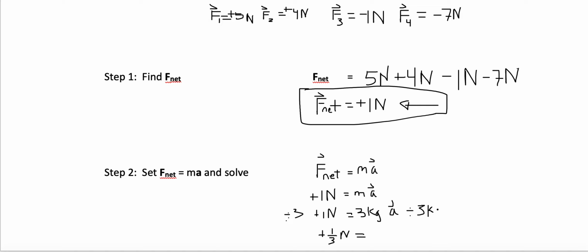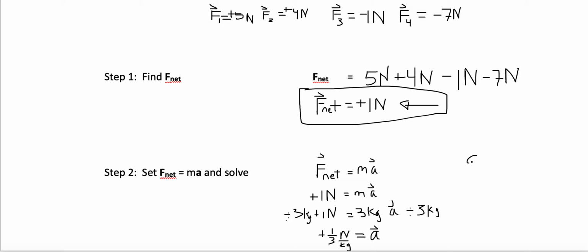So divide by 3 kilograms on both sides. So this is a newton per kilogram. And this is going to be equal to the acceleration on the right-hand side. So we know our acceleration is positive 1/3, but let's get our units correct here.